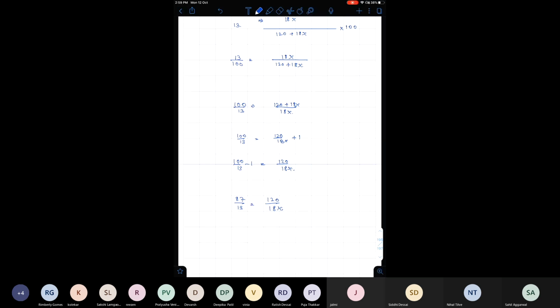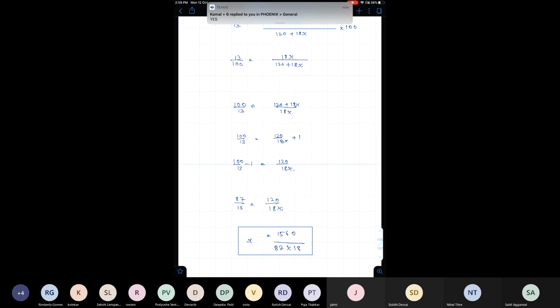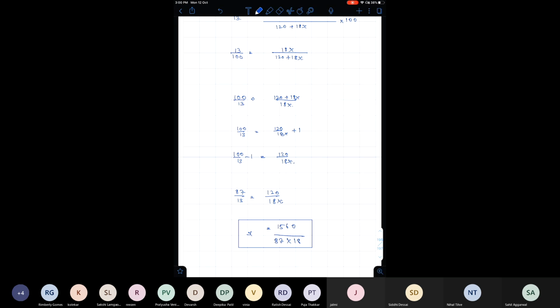We can solve this. 1560 is equal to 87 into 18 times x. This will give you the answer. Solve this fast.